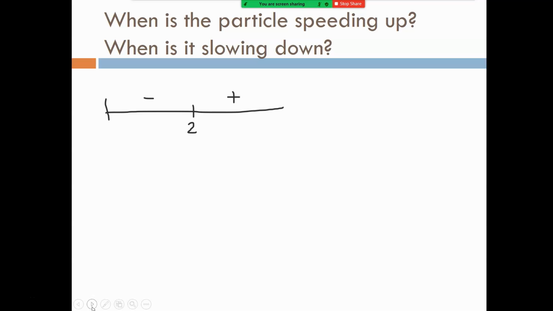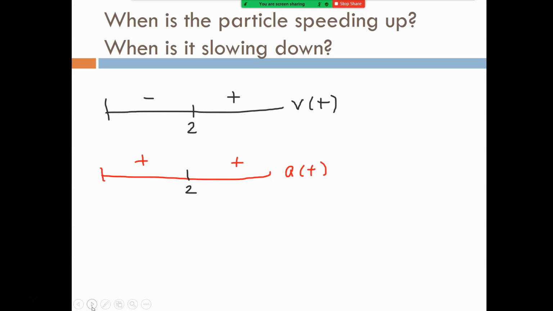the acceleration is always what? Yeah, because our acceleration in the case of this problem is always a constant, like a of t equals 2. So the acceleration is always positive. So what we do is create a comparison of their signs.